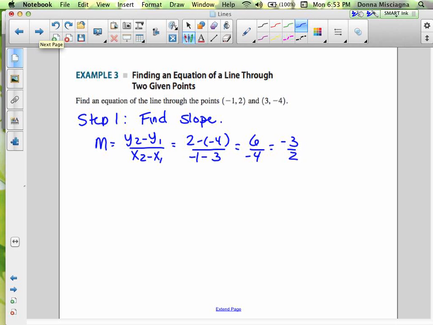We can use either point to write the equation of the line.